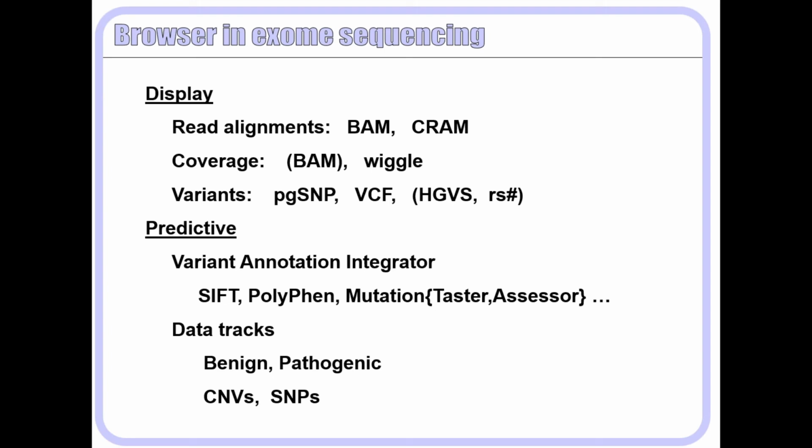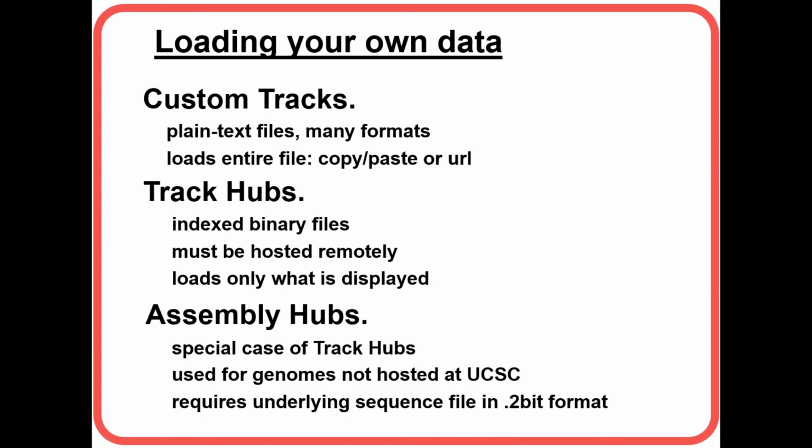On the predictive side, the kinds of things you can predict with your various inputs, Variant Annotation Integrator will output SIFT, PolyPhen, MutationTaster, MutationAssessor, and a few other variant predictors. And then we have data tracks, the 4 quarters of the grid that I showed you a moment ago.